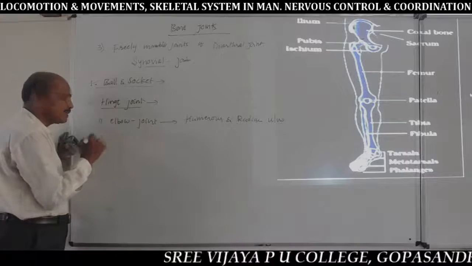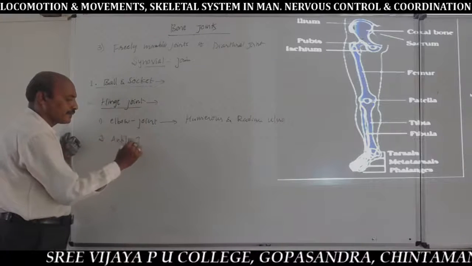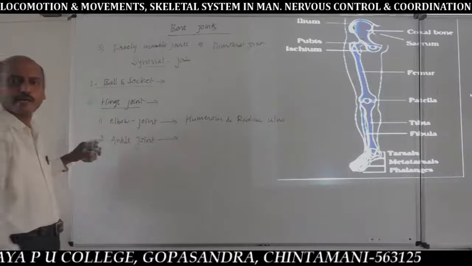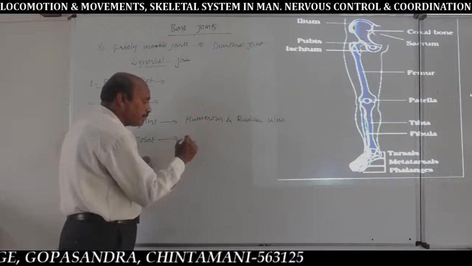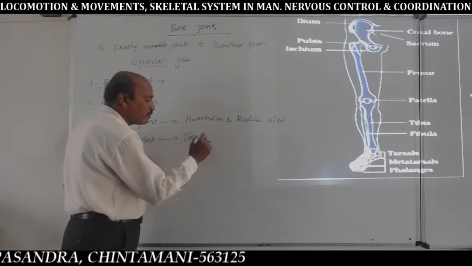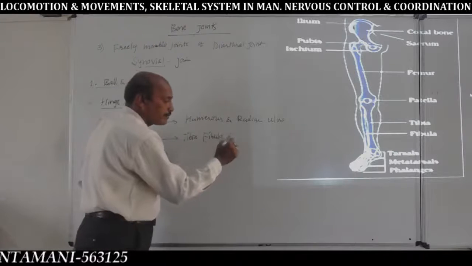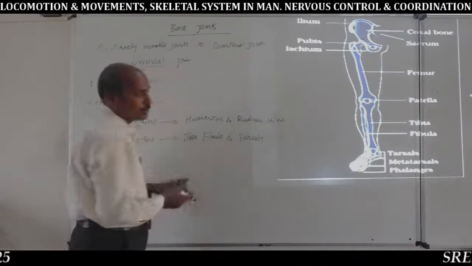And the next one is the ankle joint, formed by fusion between tibia, fibula, and tarsal bones.